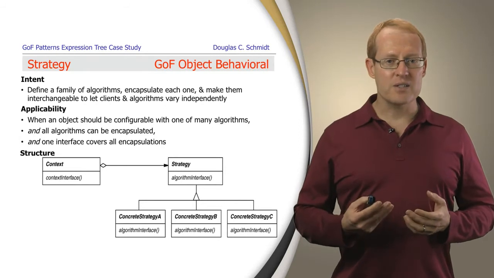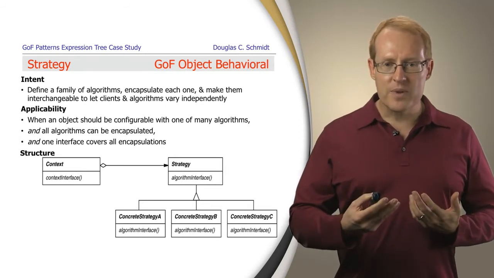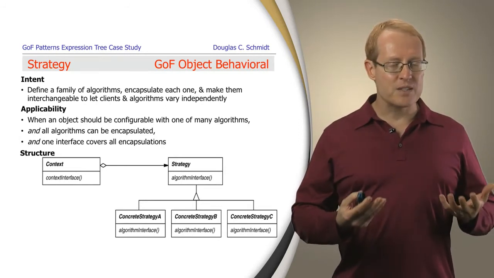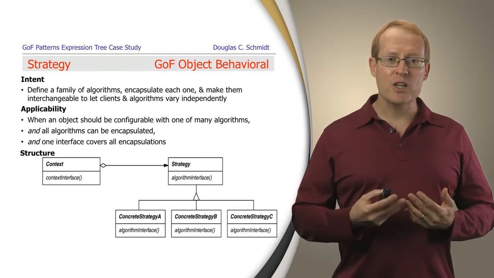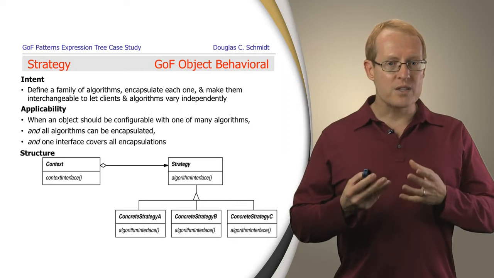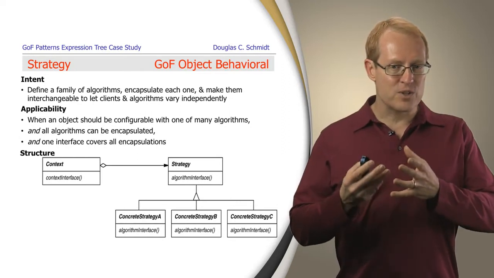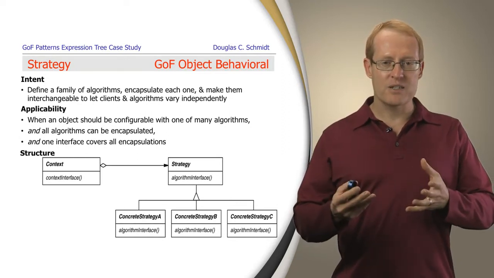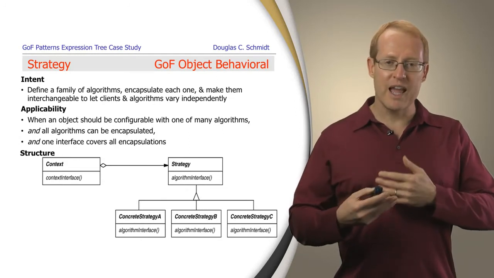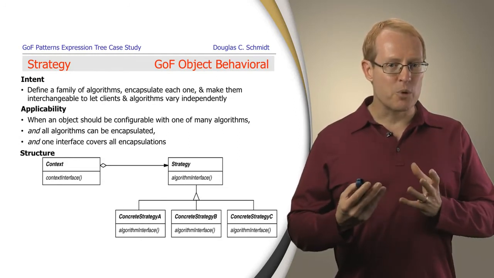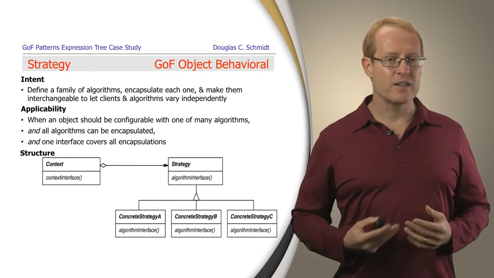The context is where you store state and other information needed in order for the strategies to do their thing, especially for situations where the one-size-fits-all interface for the strategy class and subclasses doesn't quite capture enough diversity and variability. So you can push those issues up into the context.